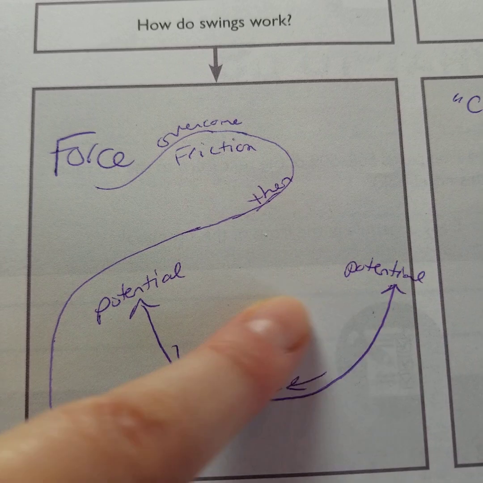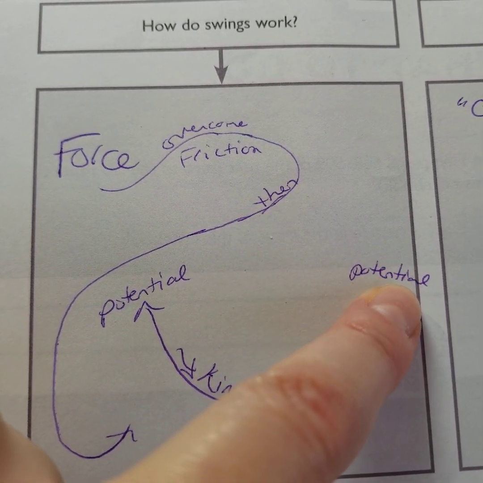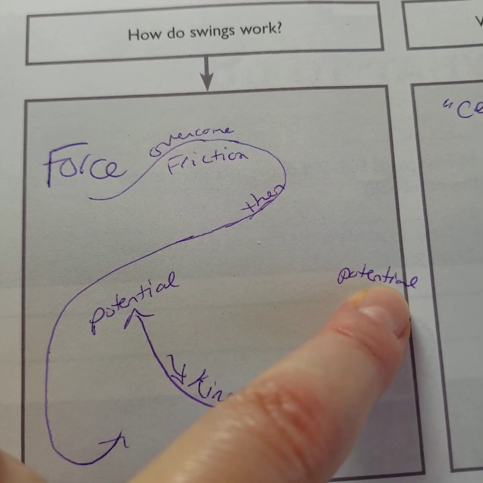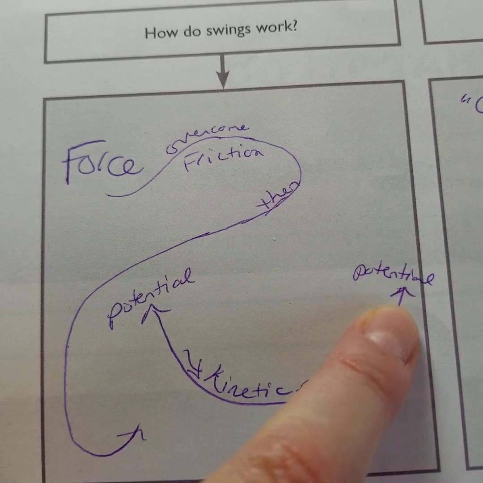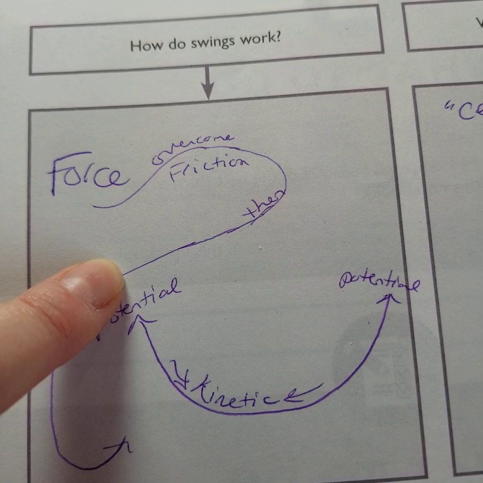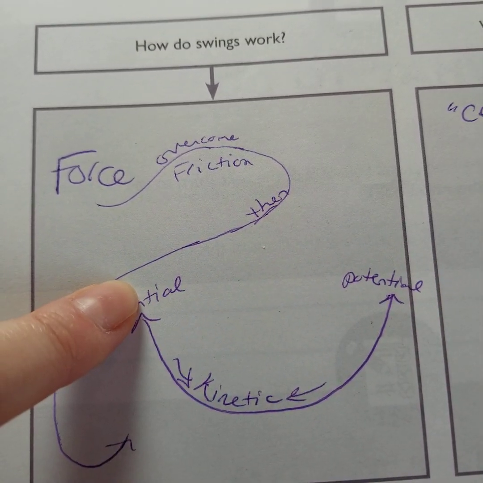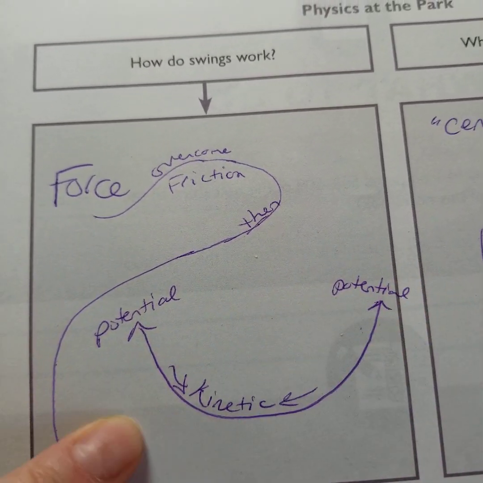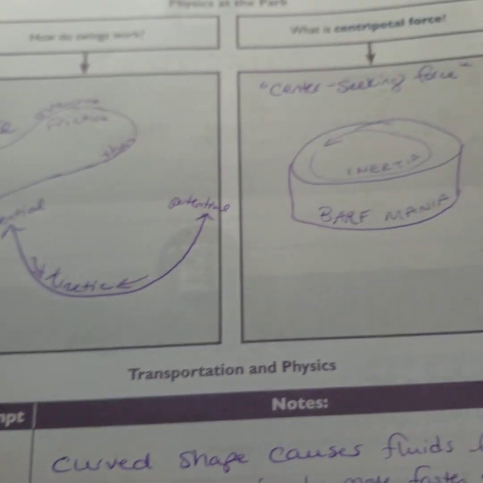As you go up, at the highest point, you're at the max potential energy spot, and then the kinetic energy happens when you fall back down. And then it happens over and over again.